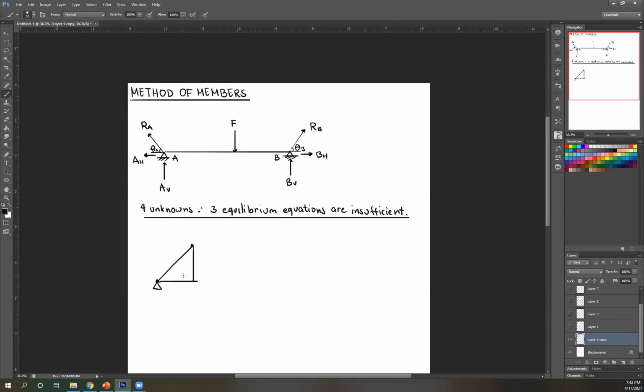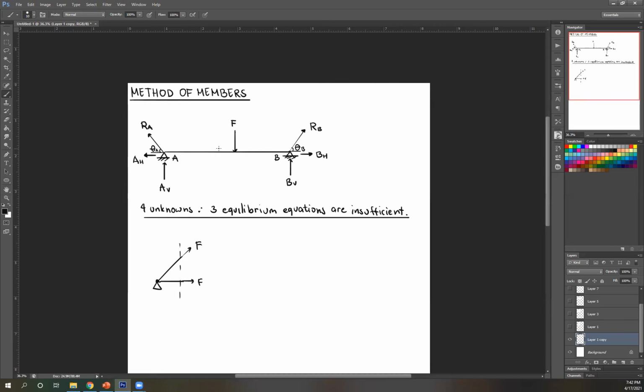Now, for three-force members, if you isolate a support, the force that will come out of here will not be in the same direction as your member. So method of joints is not ideal. Same with method of sections. For method of sections, we use a cutting plane and pass through the actual members themselves. And we can't do that. For example, here, we pass a cutting plane, then you're going to find the forces.